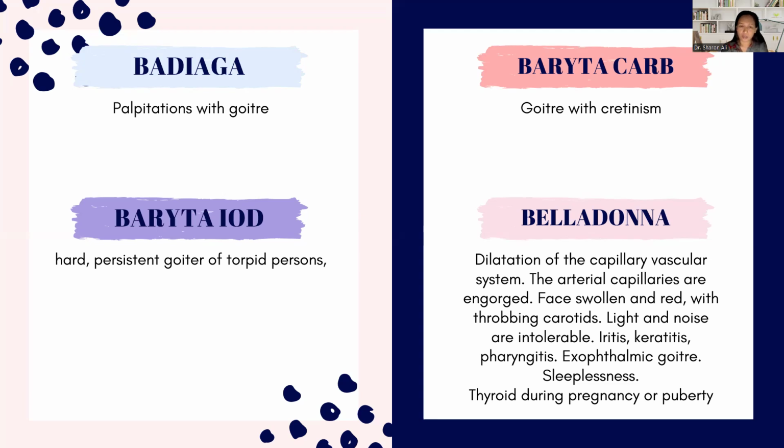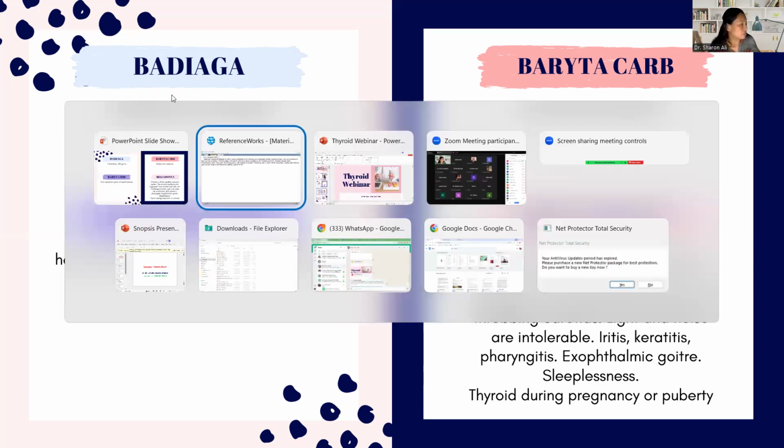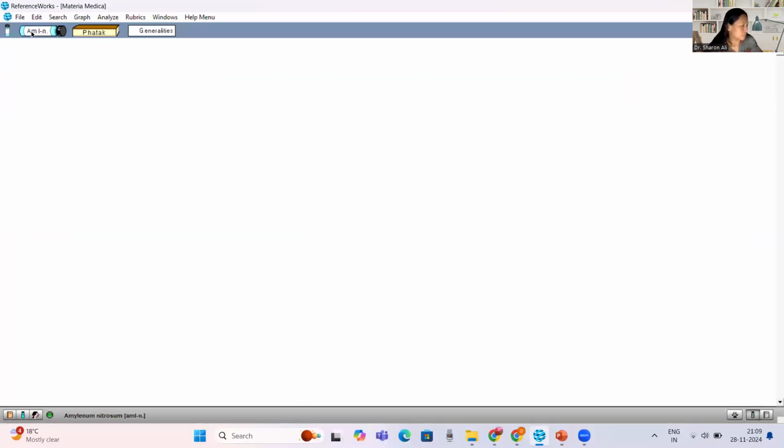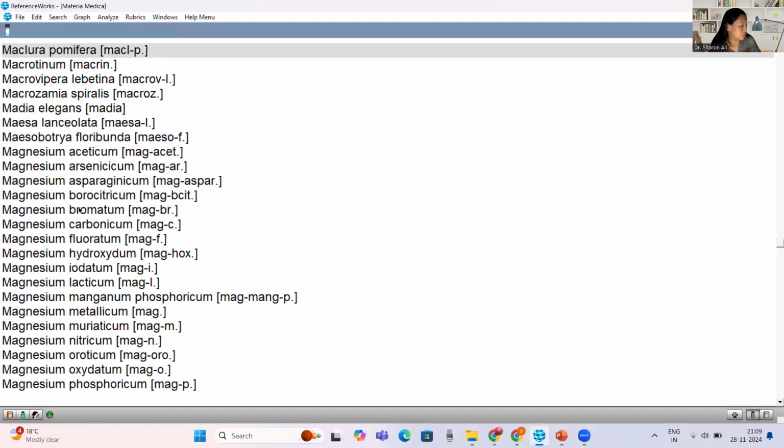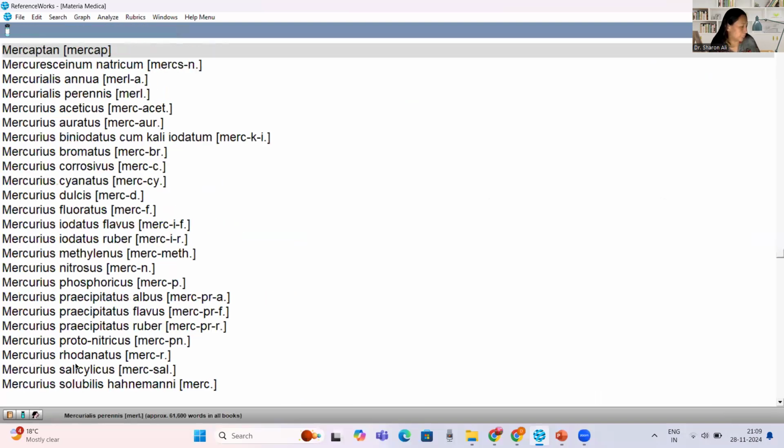And what I find very peculiar about Badiaga, which actually was something that got me to that remedy and made me learn it in great detail, is that it is the one remedy which is written in the relationship of Merc Sol.